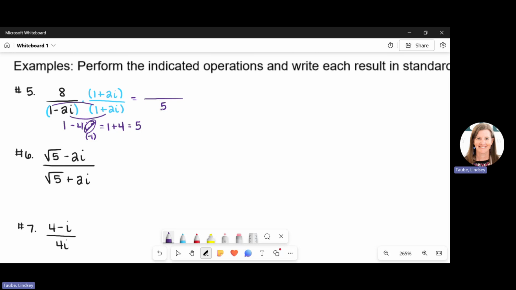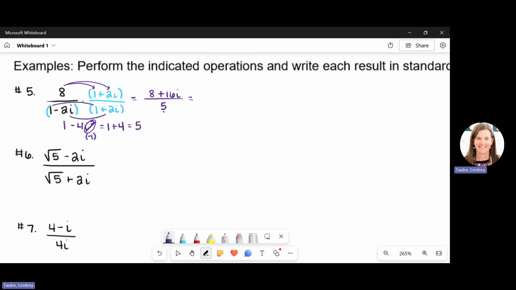The i is gone. Now we're going to simplify the numerator. We're going to distribute the 8 through the top here. So 8 times 1 is equal to 8, and 8 times 2i is equal to 16i. Then, since we have one single denominator term, we're going to split up the numerator so that they're individual fractions, each with a denominator of 5.